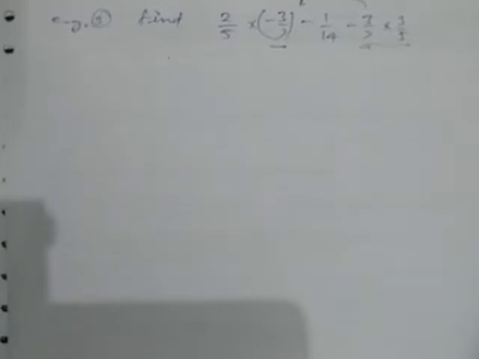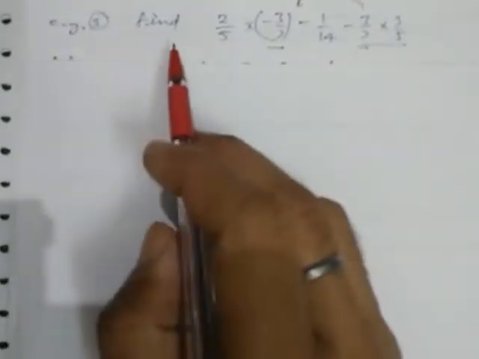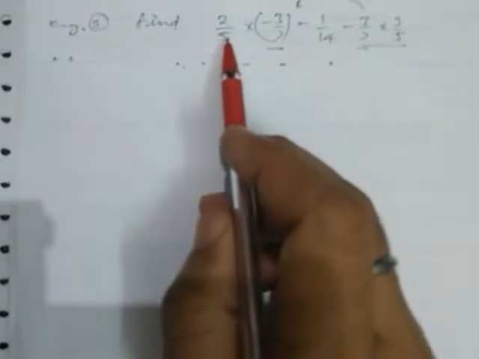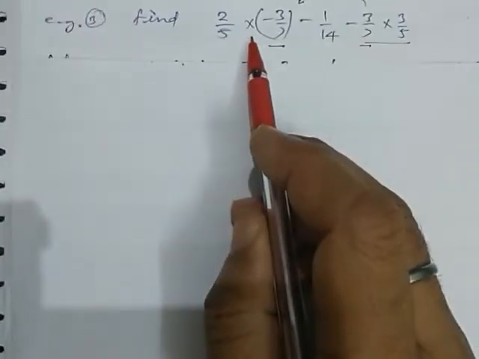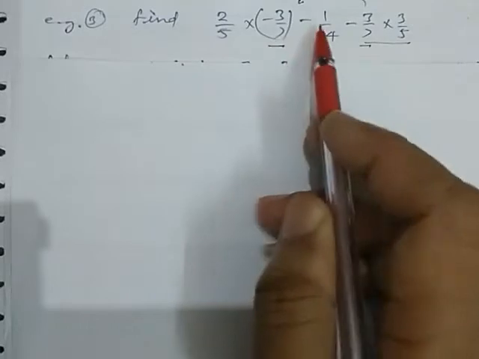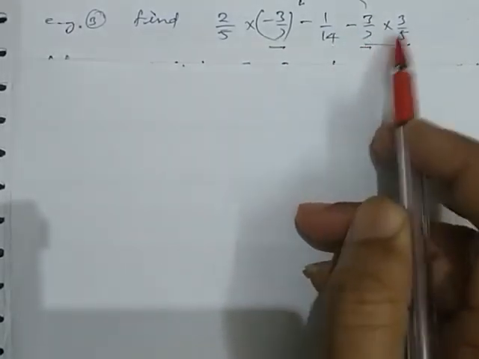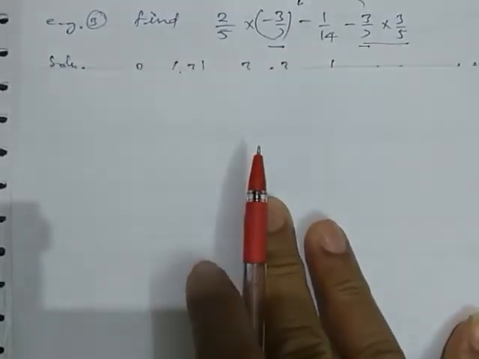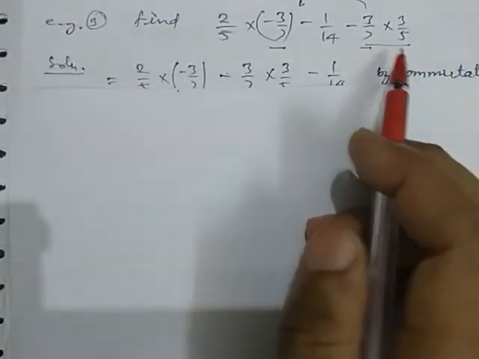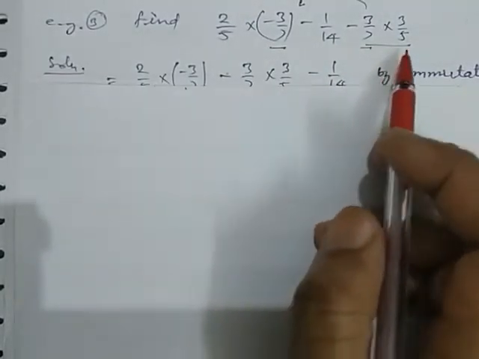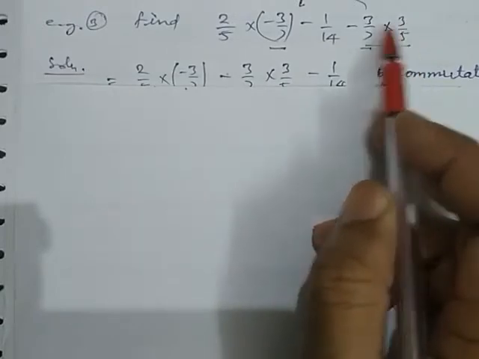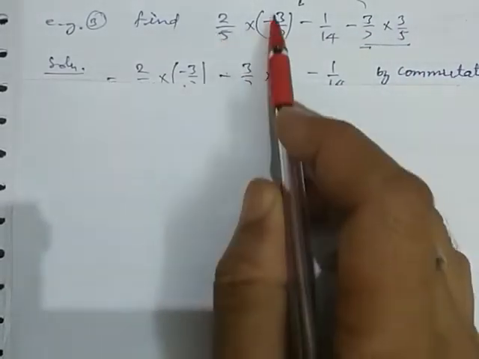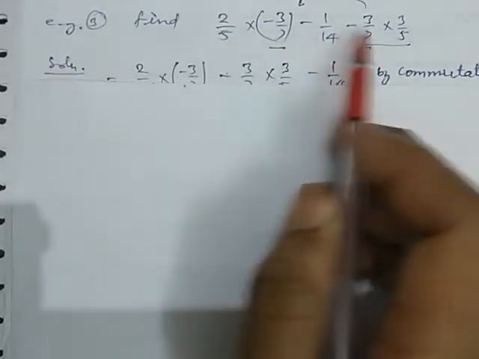Now we take more examples using these types of properties. This is our question. Find 2 by 5 into minus 3 by 7 minus 1 by 14 minus 3 by 7 into 3 by 5. Here, by visualizing this, we can see that minus 3 by 7 and minus 3 by 7 are common.